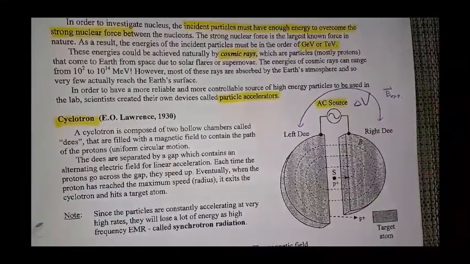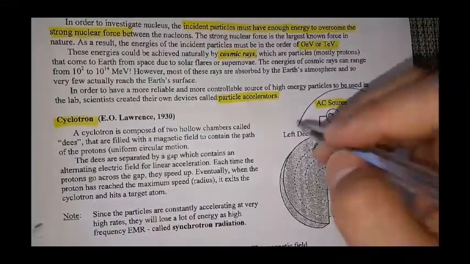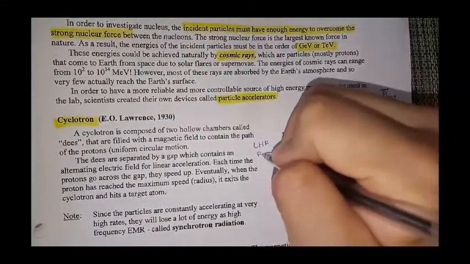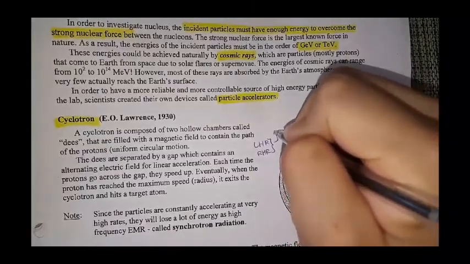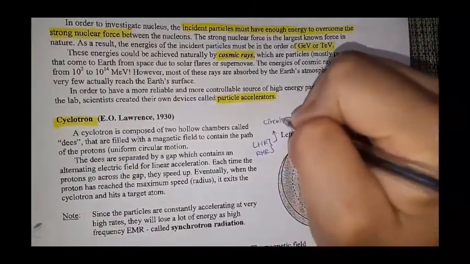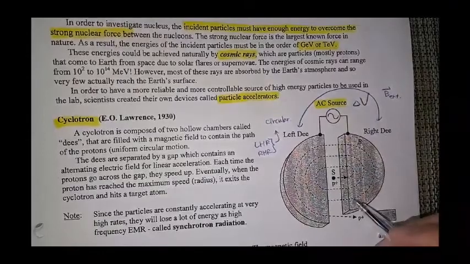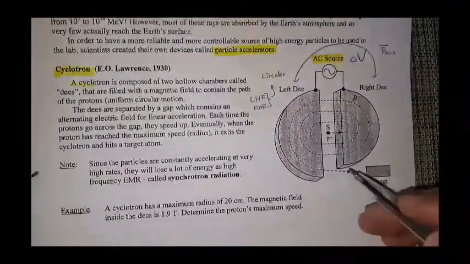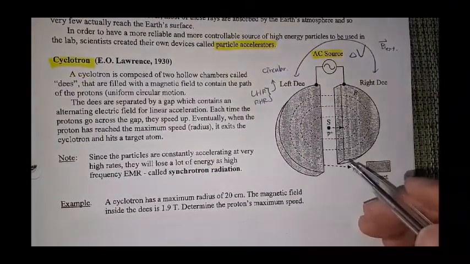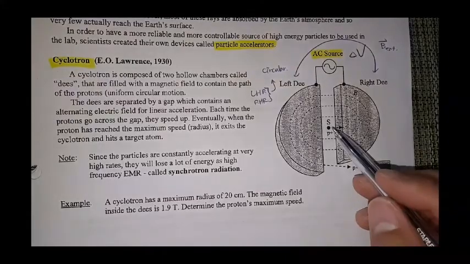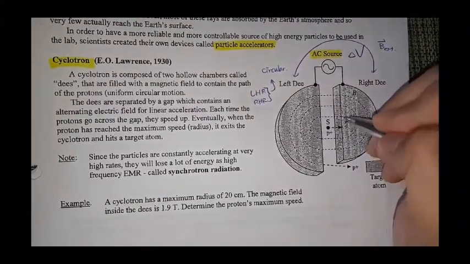So we're going to have the left hand rule, right hand rule, and you're going to have a circular motion. That's why the chamber has a circular shape. You may understand why now. After that, it's going to have a uniform motion.